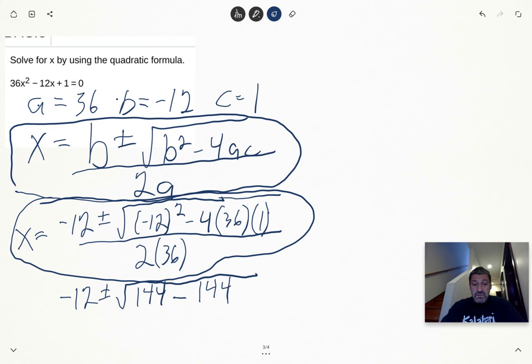Okay, that's kind of interesting. So it's going to simplify inside of the radical to 0. So 144 minus 144 is 0. But on the bottom, we still have the 2 times 36. 2 times 36 is 72.